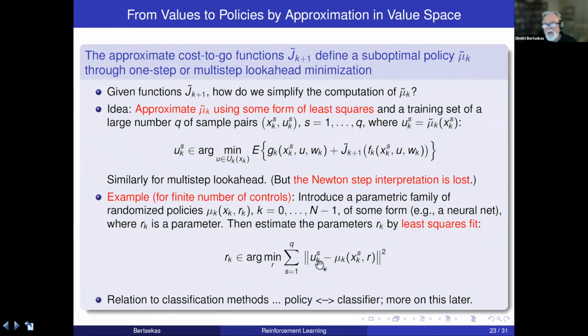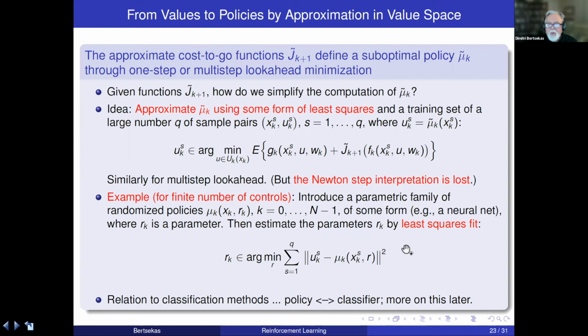This type of least squares problem is typical of classification methods in machine learning. Basically, you view the controls as categories, as classes, and you assign to every x a category, which is a control. And there is a connection between policies and classifiers, which we're going to go into later.